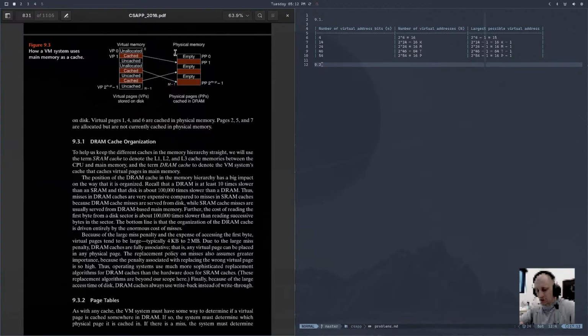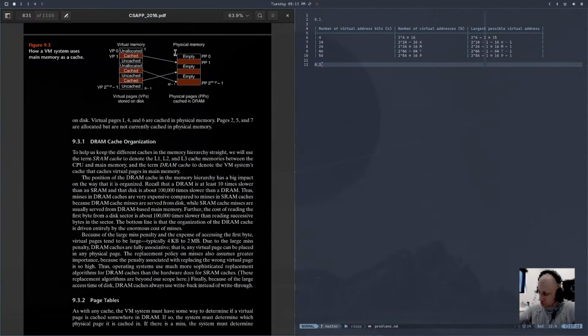Further, the cost of reading the first byte from a disk sector, if you have spinning disks, is about 100,000 times slower than reading successive bytes in the sector. The bottom line is that the organization of the DRAM cache is driven entirely by the enormous cost of misses. That's worth highlighting.